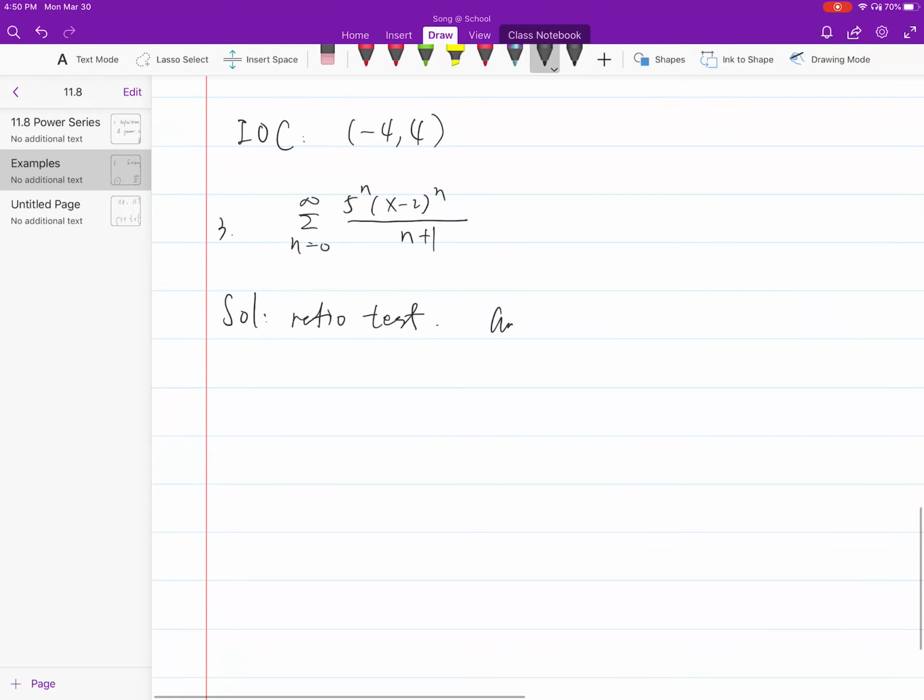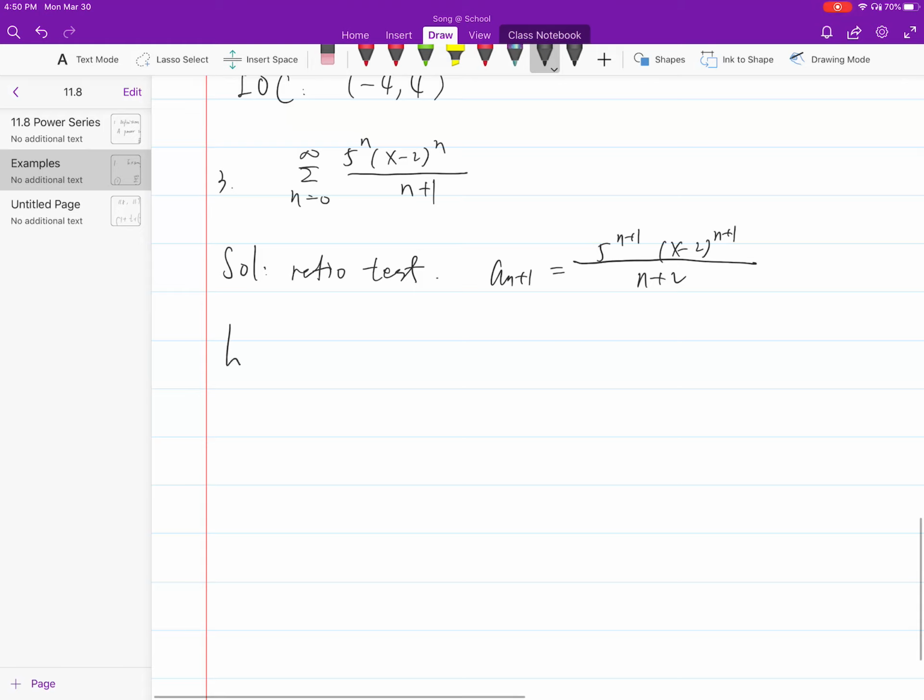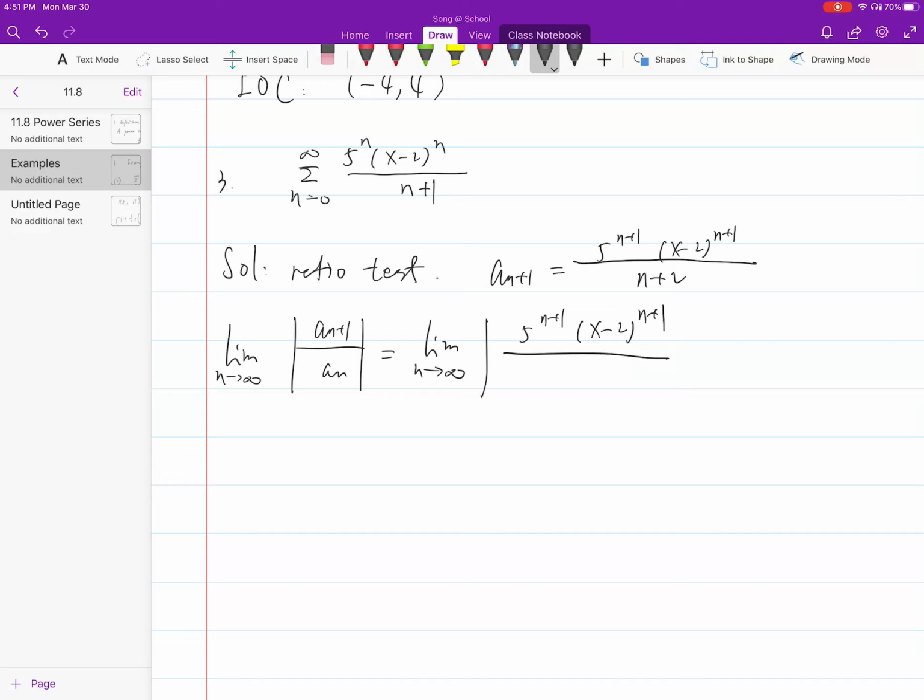Okay, a_(n+1) equals 5^(n+1) (x minus 2)^(n+1) over n plus 2. The limit as n goes to infinity of a_(n+1) over a_n is the limit as n goes to infinity of 5^(n+1) (x minus 2)^(n+1) over n plus 2, times n plus 1, flip, over 5^n (x minus 2)^n.